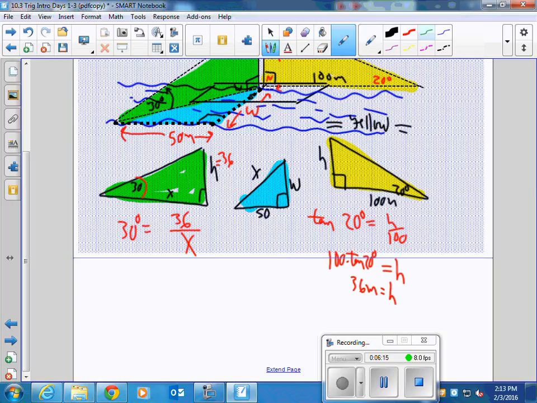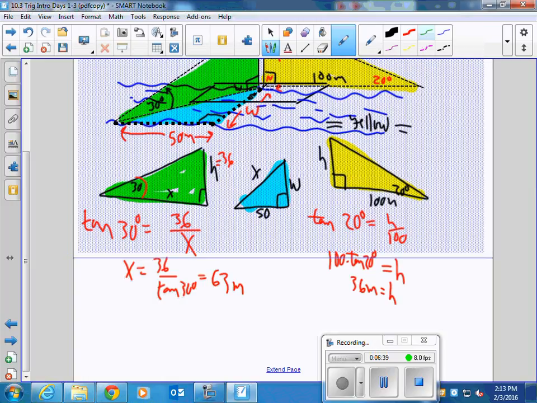Sine, cosine, or tangent? Opposite over adjacent. Tangent. Good. See how you have to know these? So then x is 36 over the tangent of 30. Make sure you're in degree mode. What do you get for this one? 63 meters. Good. Now we have one more to go.